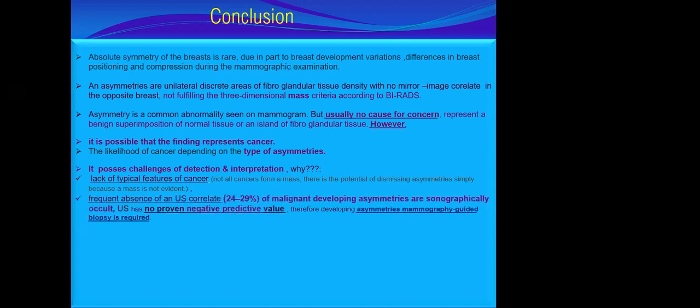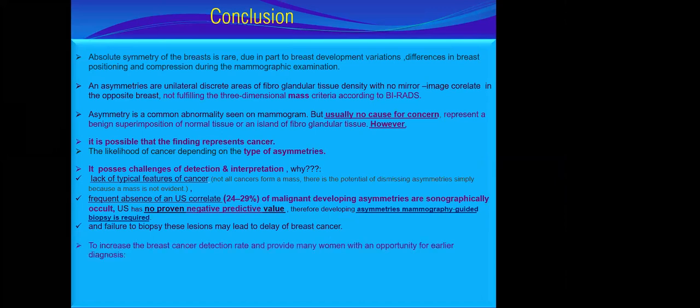And with the frequent absence of an ultrasound correlate, approaching a third of patients with developing asymmetry, ultrasound has no proven negative predictive value, and lack of an ultrasound correlate does not preclude mammographic guided biopsy. Failure to biopsy these lesions may also lead to delay in breast cancer diagnosis.